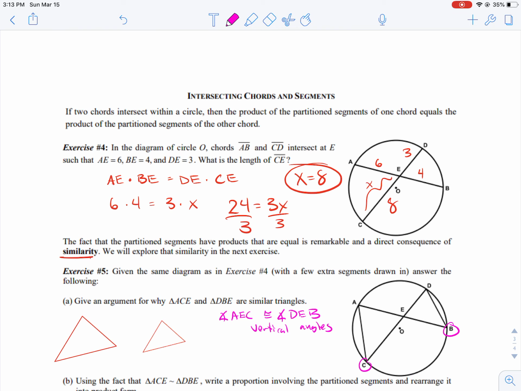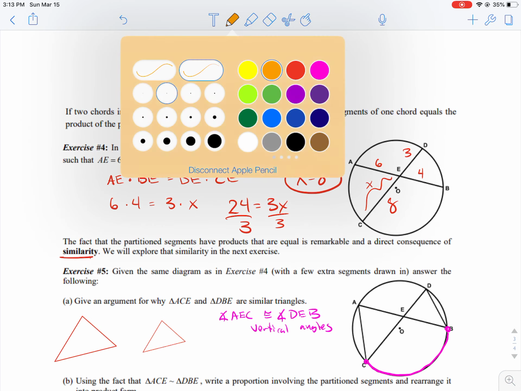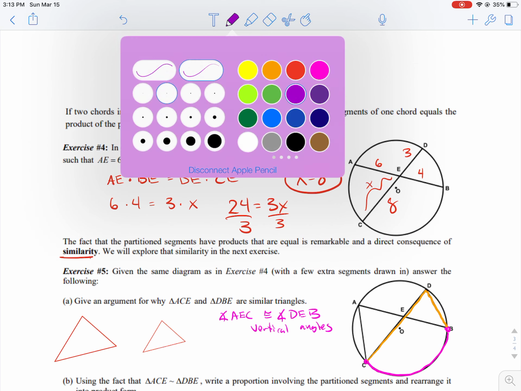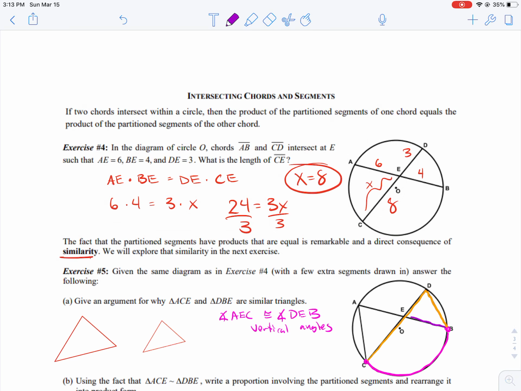So, I'm going to take note and look at this particular arc, CB. Okay? What I'm going to show you is that we have this angle intersecting that arc, and we also have this angle intersecting that arc.